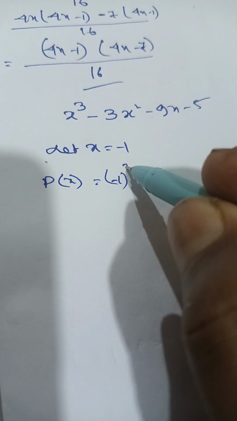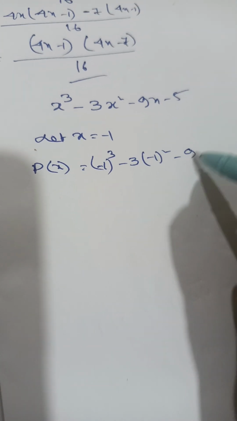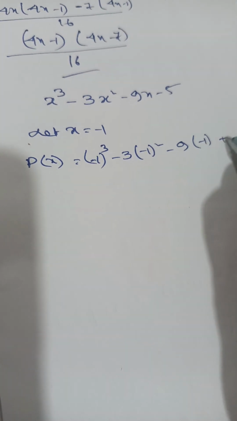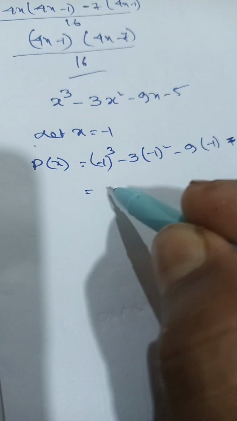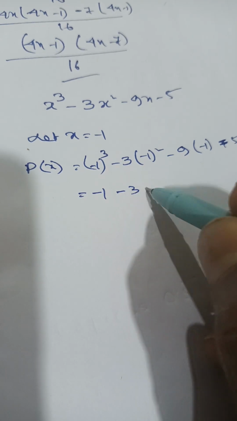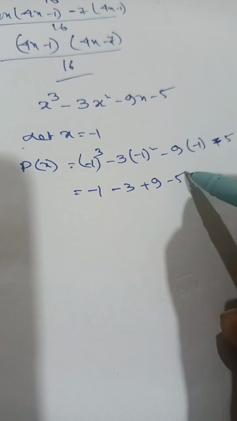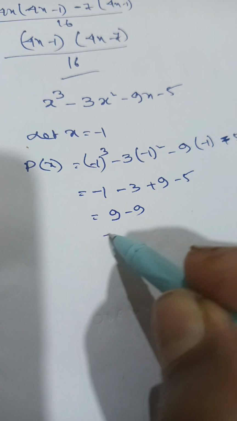You write minus 1 cube minus 3 into minus 1 square minus 9 into minus 1 minus 5. Okay. So this can be written as minus 1 and plus 1 minus 3 plus 9 minus 5. So this can be written as 9 minus 9, that is 0.